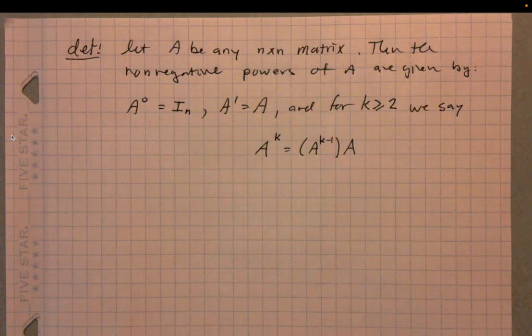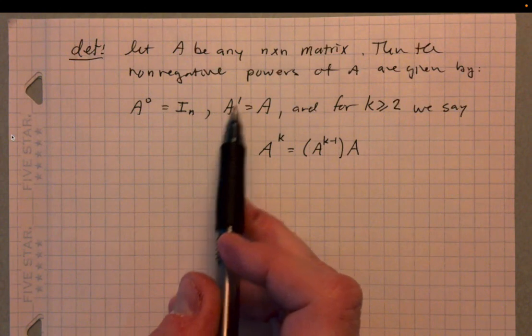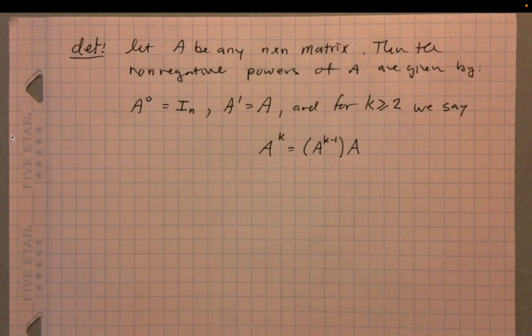We define A to the 0 to be the identity, A to the first power is obviously just A, and then A to the second power would be A to the first power times A, so A times A, and so on.